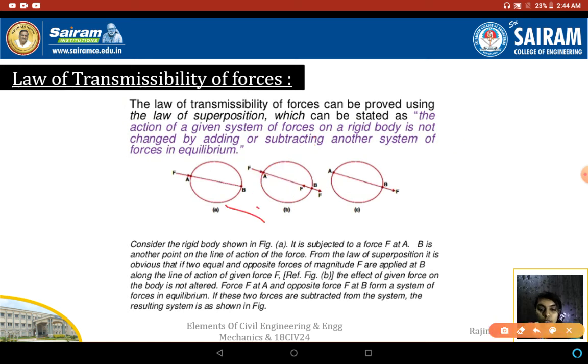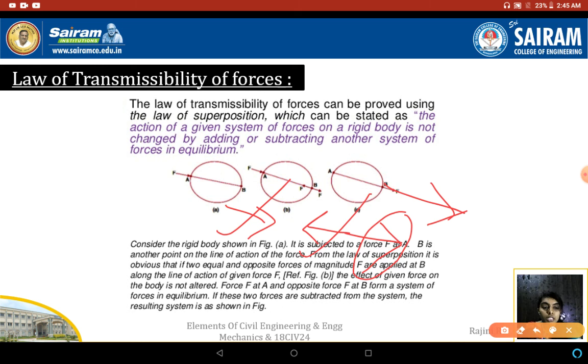If these two forces are subtracted from the system, the resultant system will be this one.